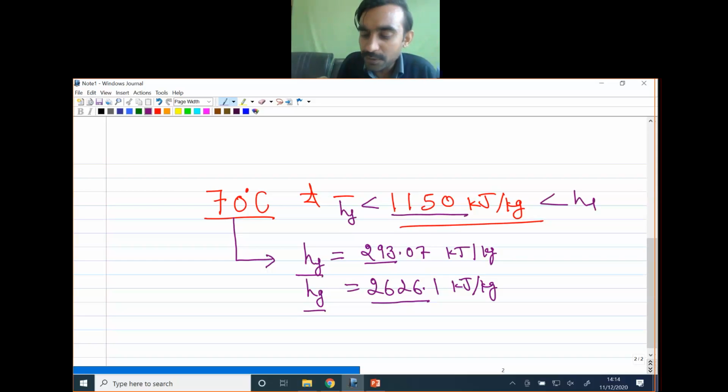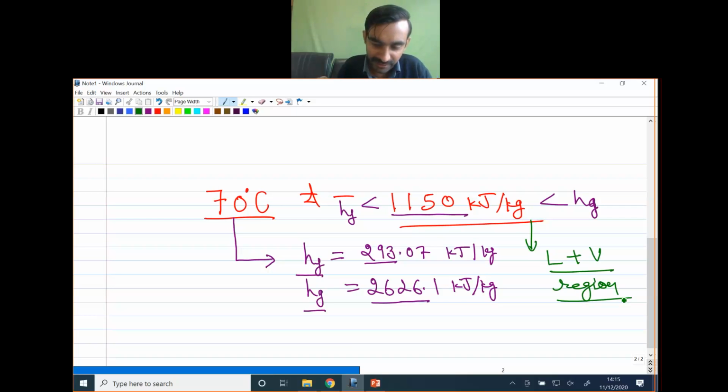If any property lies in between HF and Hg, it is in the liquid plus vapor region. Then we can determine how much fraction of vapor we have. We know that any property in the liquid vapor domain is equal to HF plus X times HFG.